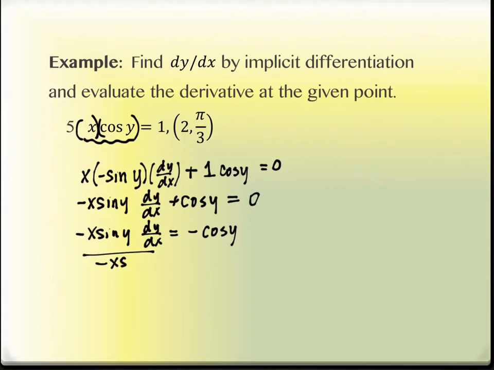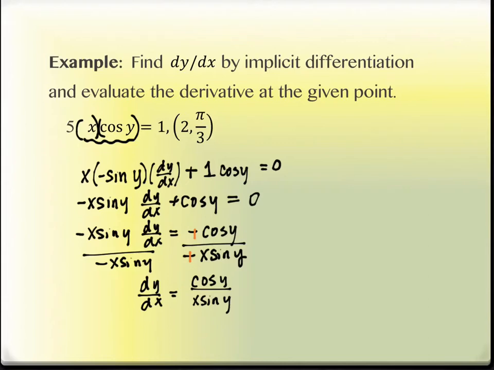Divide by negative x sine y. So I have dy dx equals, and then the negatives are going to cancel, right? If you really, really wanted to change cosine over sine into cotangent, you could, but you really don't have to either. So I'm perfectly content with you leaving this as cosine of y over x sine of y. That is perfectly fine, right?